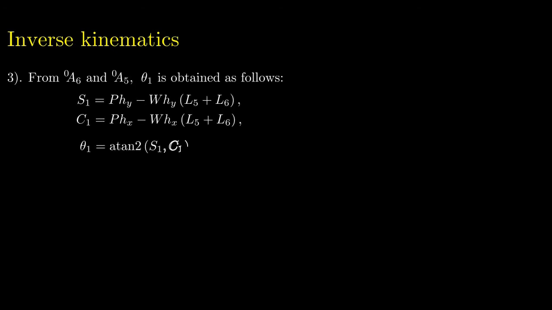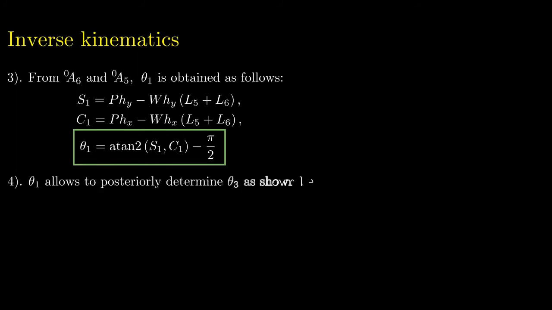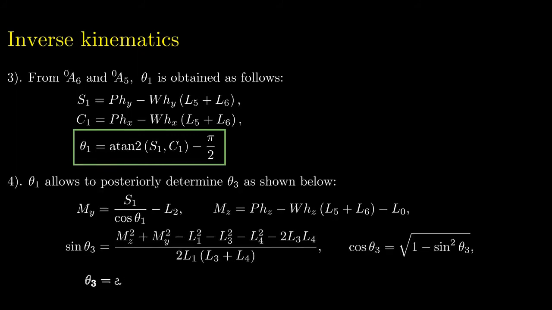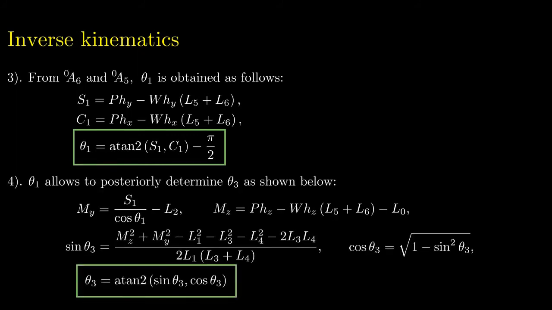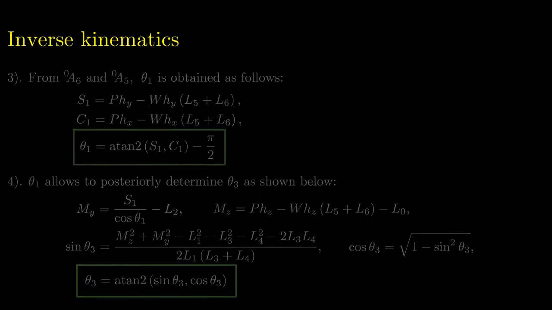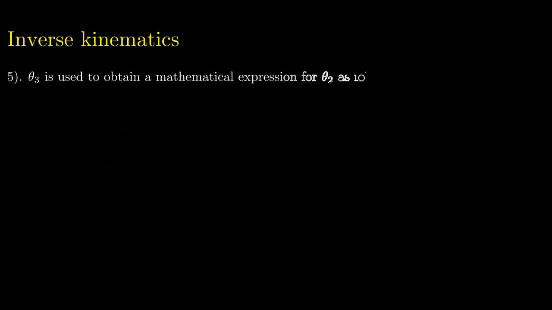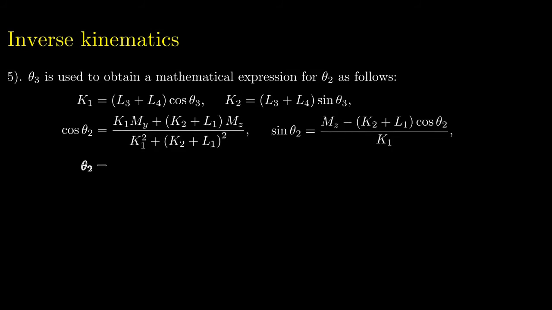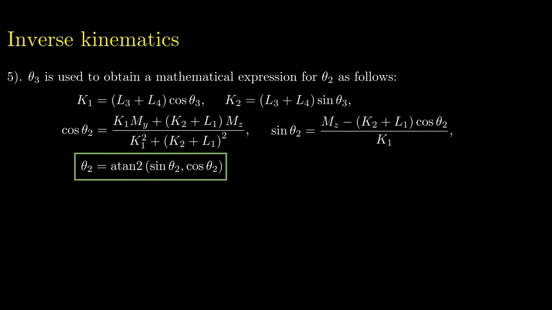In the third step, theta sub 1 is obtained from the previous matrices as follows. Theta sub 1 allows us to subsequently propose the following equations to obtain theta sub 3. And theta sub 3 is used to obtain a mathematical expression for theta sub 2 as follows.